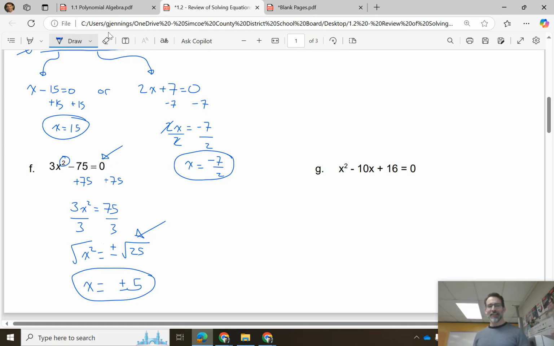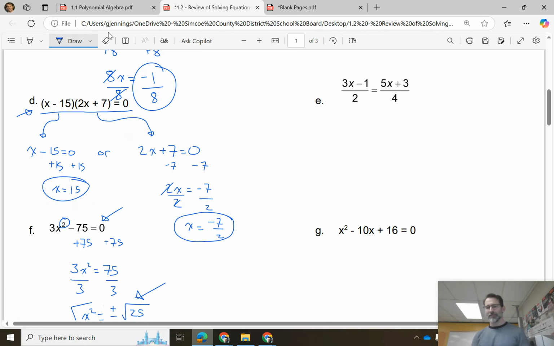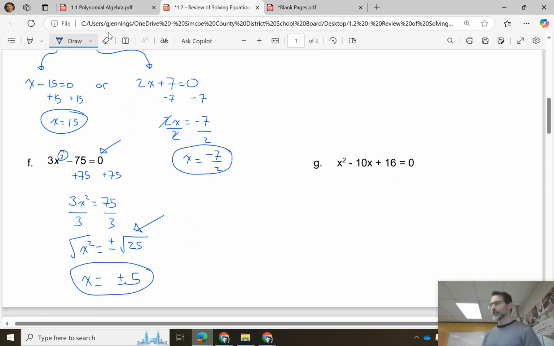Anyway, there you go. So we have plus or minus. And verify it. Negative 5 times negative 5. Oh yeah, negative times a negative is a positive. That's why that happens. Okay. Wait, so before you go to the next question, how come it's plus and minus? Like, how do you know when to do that? Anytime you take the square root of both sides of an equation, we want plus or minus.